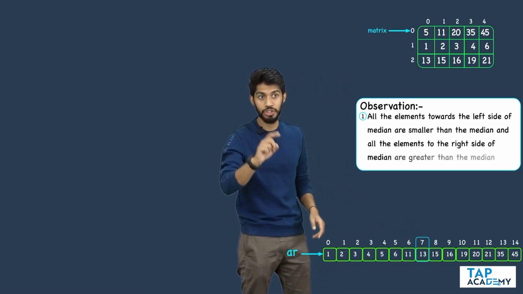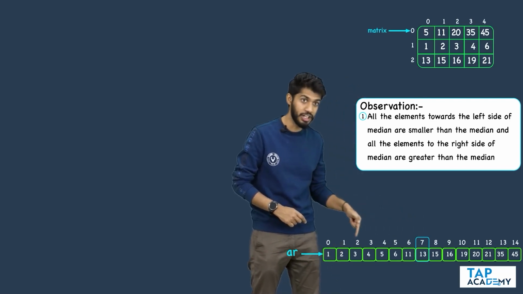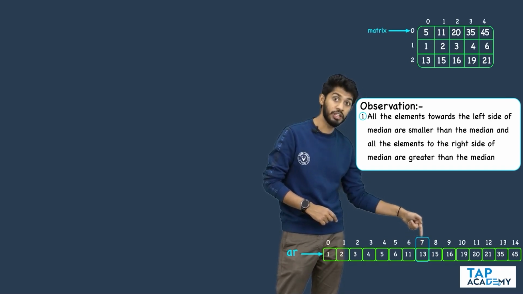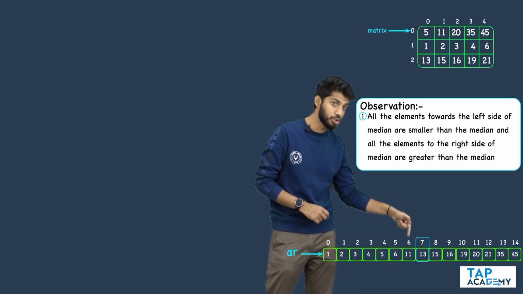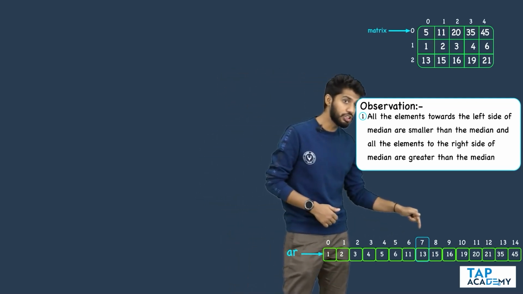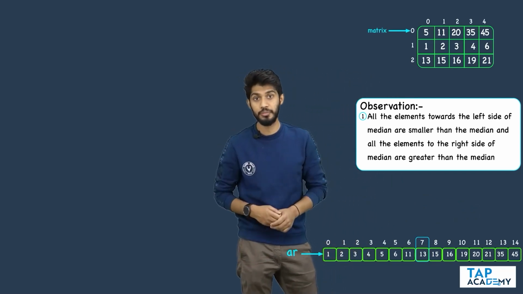The observation is, all the elements towards its left side are smaller than the element present in index 7, that's 13. So 13 is the median, and all the elements towards the left side of 13 are smaller than 13. And all the elements towards the right side of 13 are greater than 13.